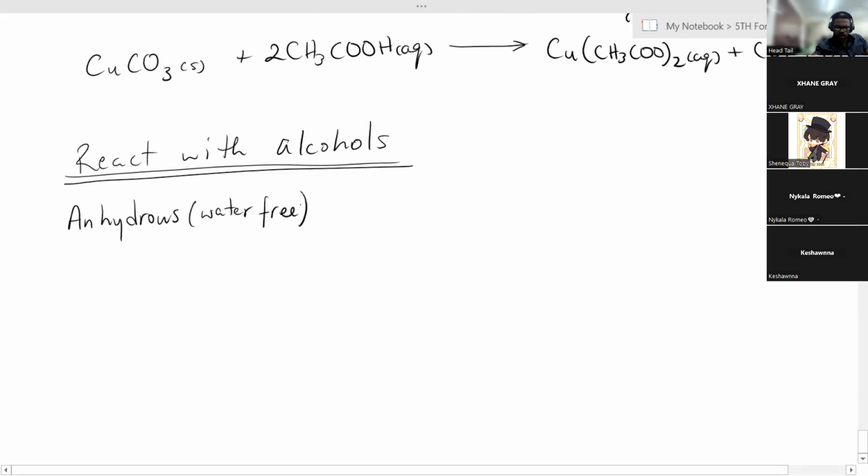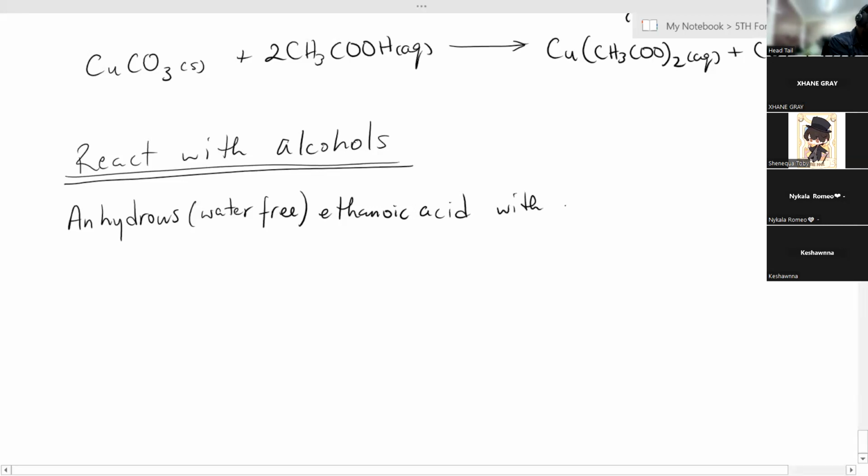So the alkanoic acid has no water inside of it. In this case, you are using ethanoic acid as our example. It can be any of the alkanoic acids. Ethanoic acid is just the example that they're using.